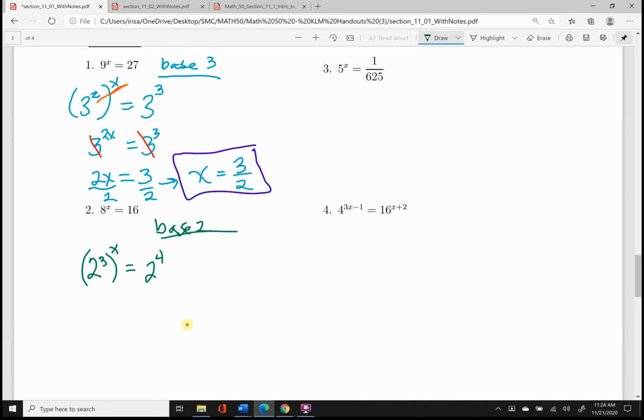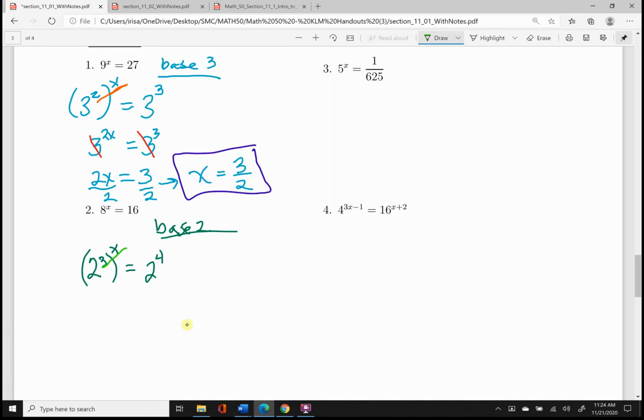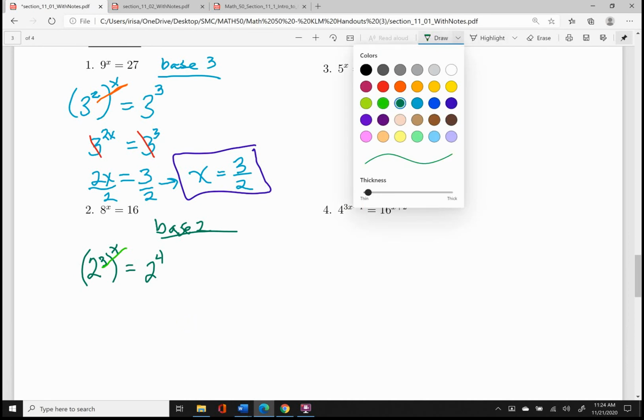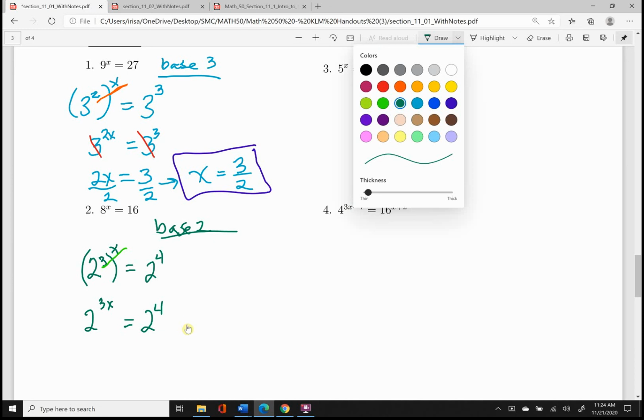Okay, do the same thing we did for the previous problem, and multiply those exponents via the power rule, and we'll get 2 to the 3x power equals 2 to the fourth power. Now that you have exponential expressions with the same base, you can drop the base. Boom, boom.